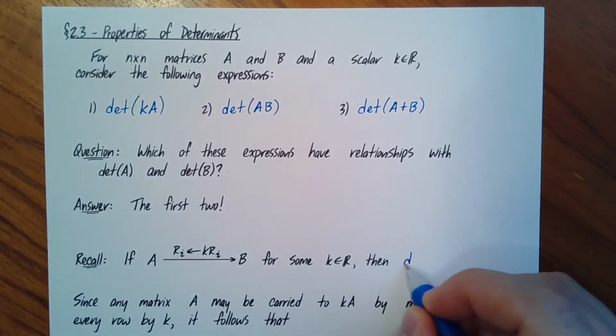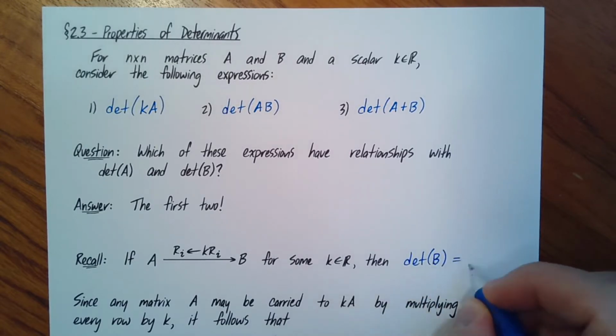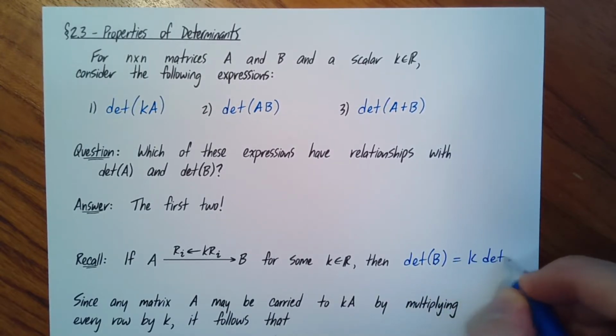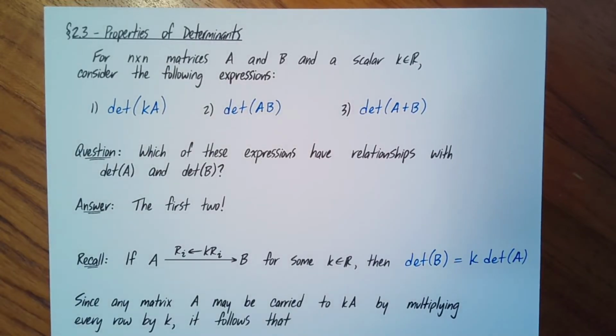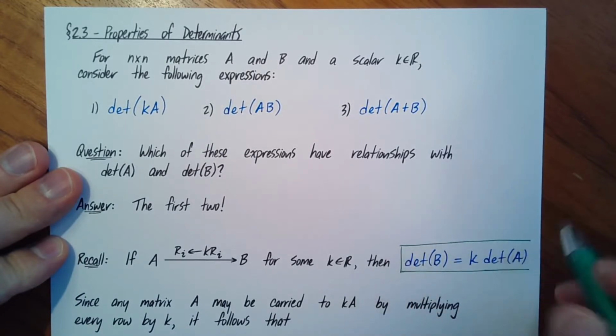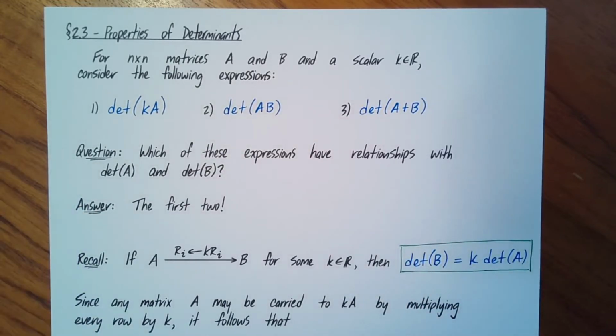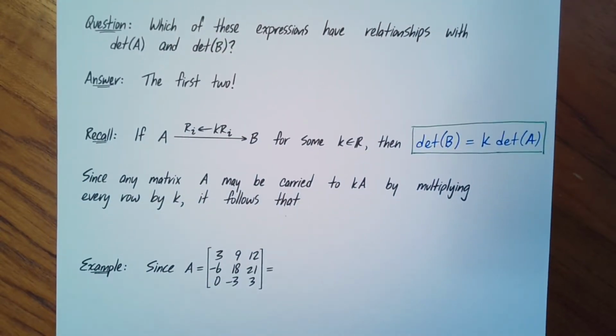So what you can say is that the determinant of B is equal to k times the determinant of A. Right, and I'm going to just put this one in green because it's not new. We've already talked about this in the previous section, but I do want it to be at the forefront of your brain because we're going to use it now in just a moment, in the next sentence actually.